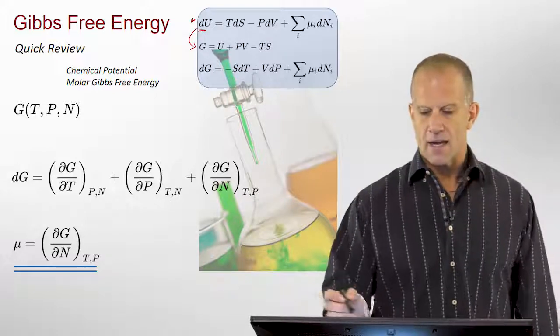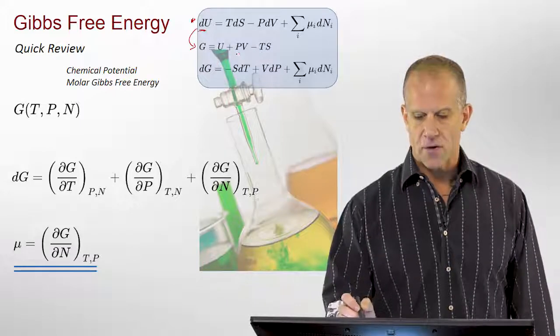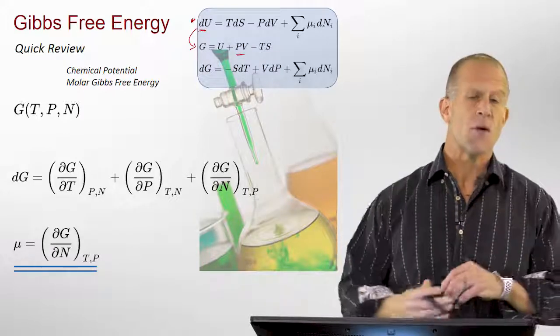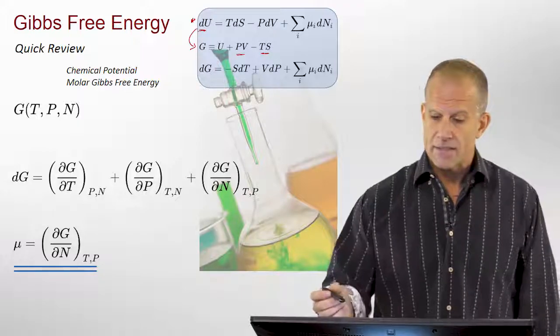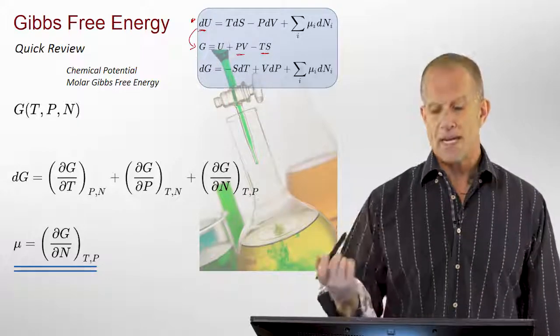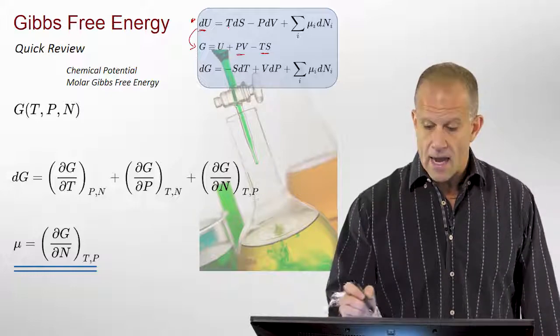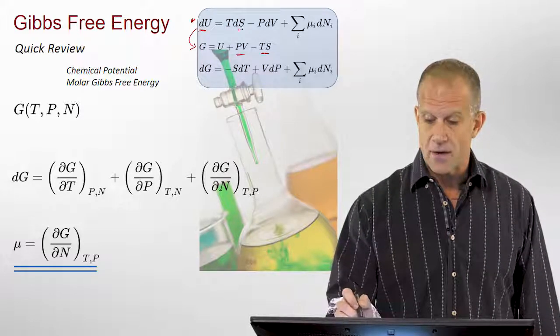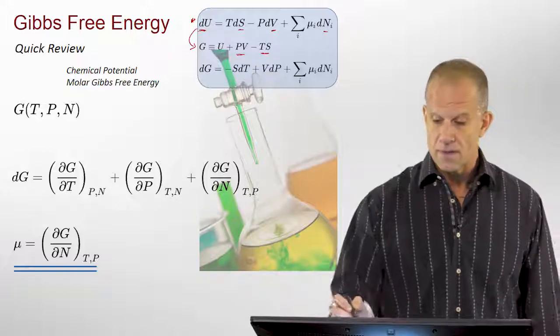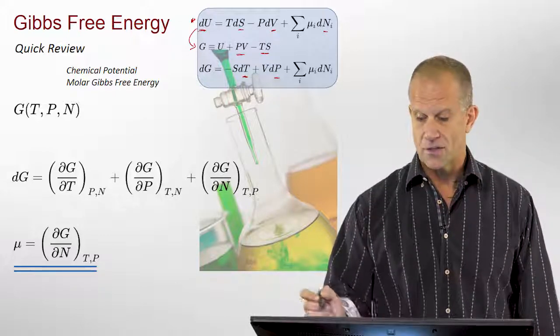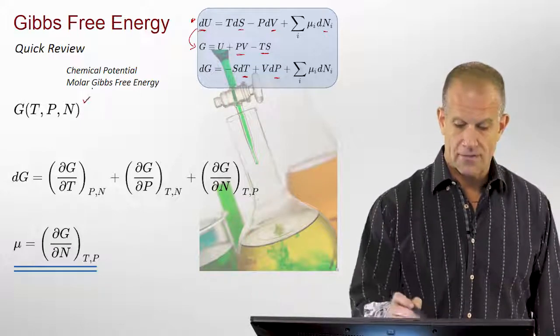And this is a Legendre transform on both PV work, mechanical work, and heat. And it switches the dependent variables from internal energy of entropy, volume, and number of moles to temperature, pressure, and number of moles, as we've seen here.